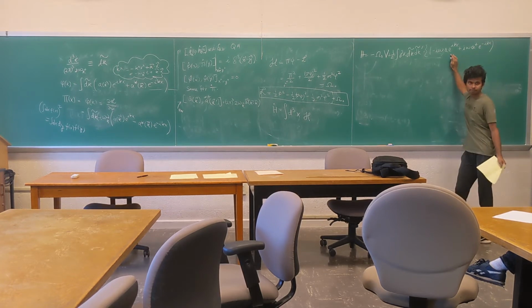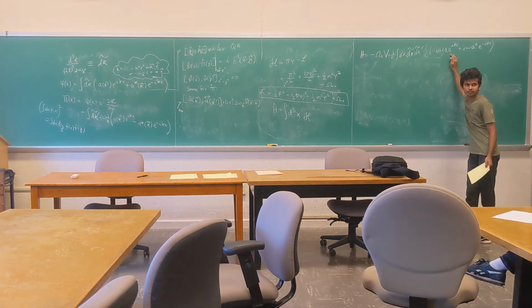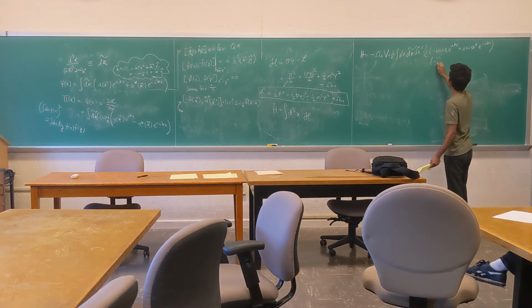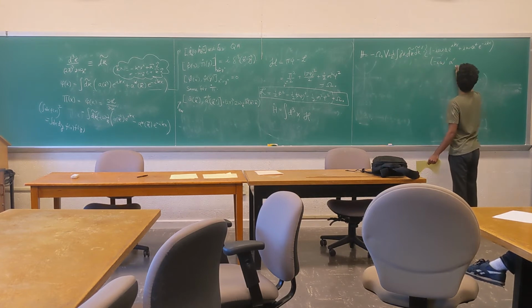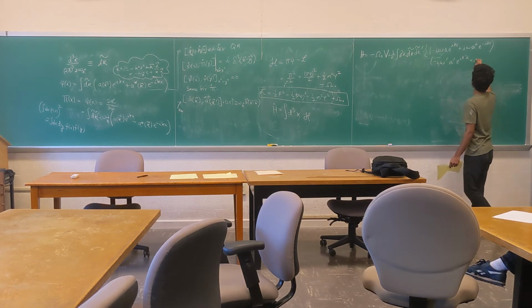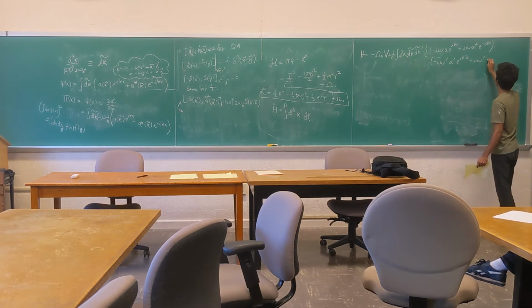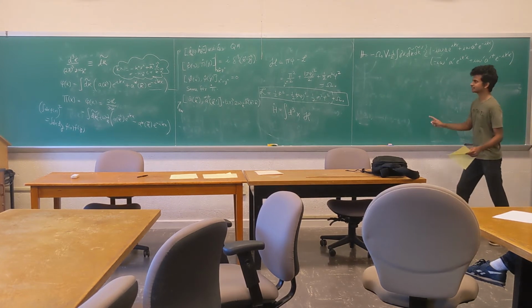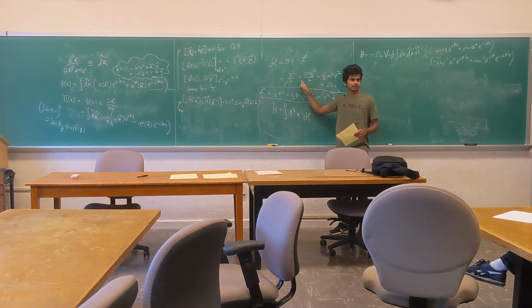That's one pi. Now you have to multiply it by another pi which has a k prime. So minus i omega prime a prime e to the i k prime x, plus i omega prime a prime dagger e to the minus i k prime x. You see the point, right? It's going to be very long. That's just the first term, pi squared by 2.